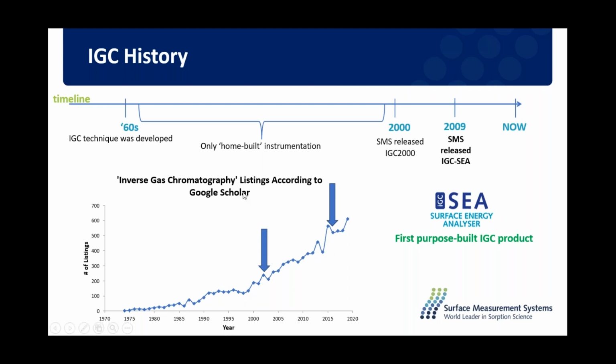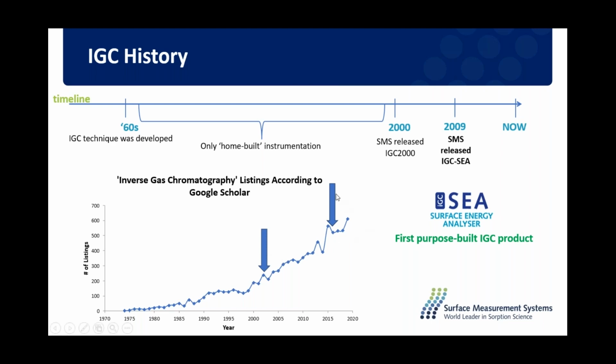Prior to roughly 2000, these were all home-built systems, converting a traditional GC into an IGC. Surface Measurement Systems in 2000 came out with the first commercially available inverse GC instrument, based off of a GC platform.